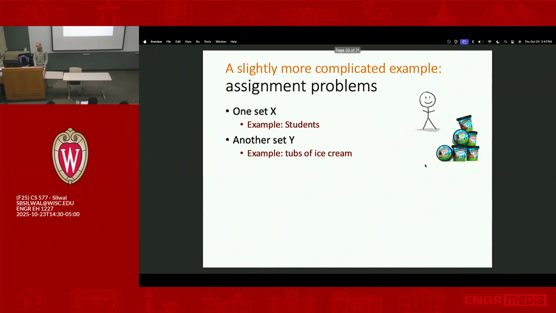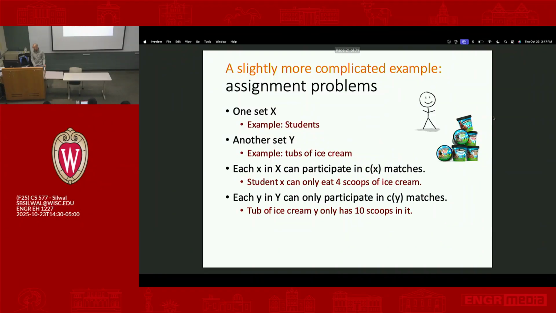All right. Now let's look at a more complicated assignment problem. We're going to be looking at more and more complicated assignment problems. Now you have students and ice cream. We all love ice cream here. We have a finite amount of ice cream and a bunch of students, and every student wants to eat a certain number of scoops.